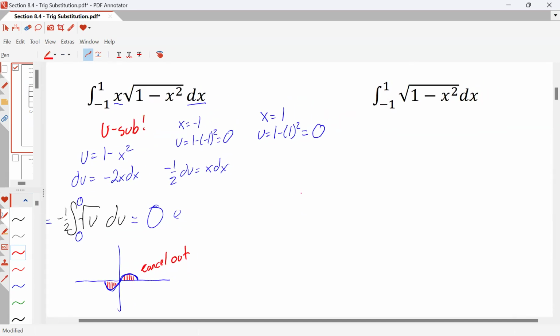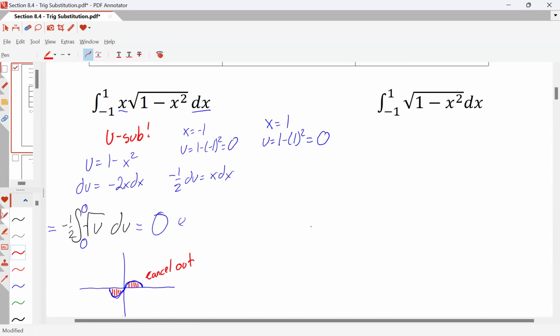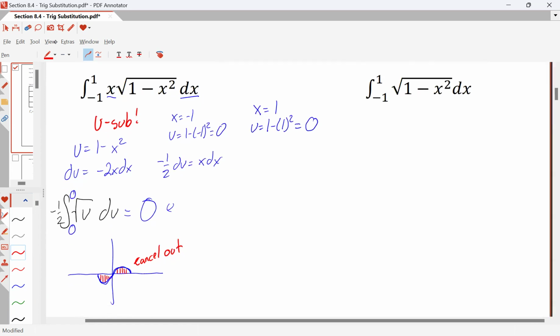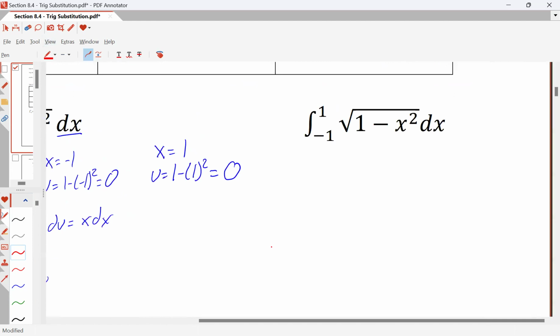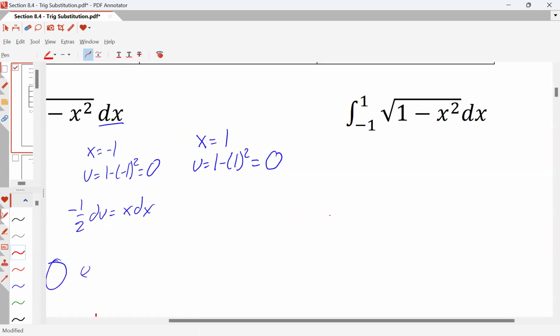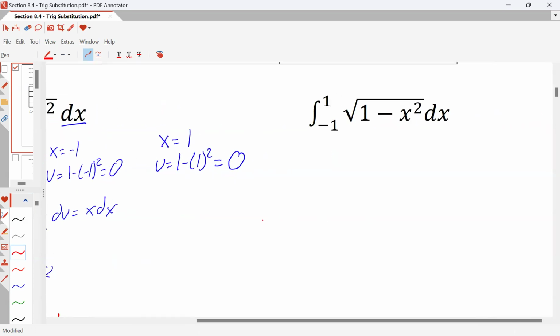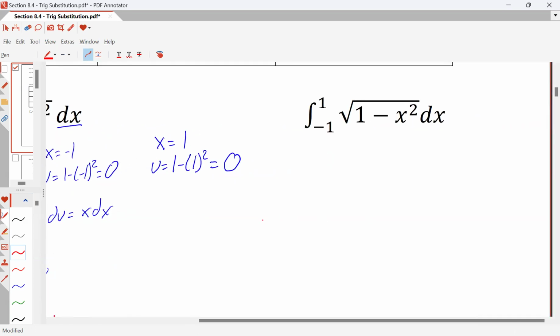But all in all, this was a u-sub problem. This other problem, the integral from -1 to 1 of the square root of 1 minus x squared, is not a u-sub. I can't rework this 1 minus x squared to be u in any way that will get my integral all into u in a beneficial manner.